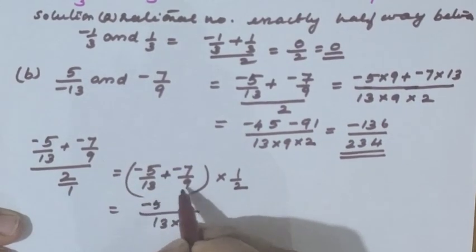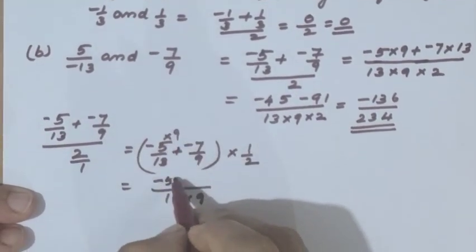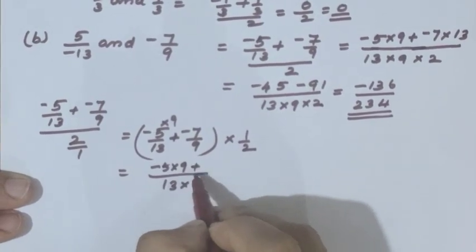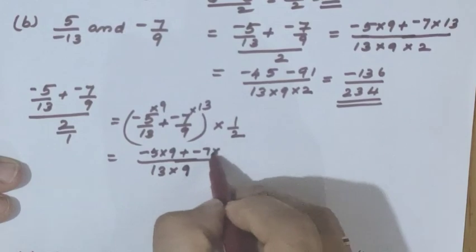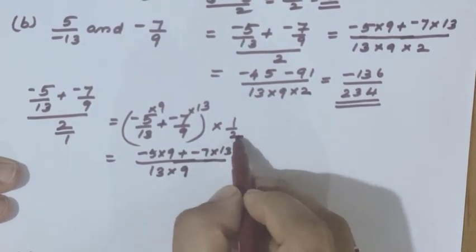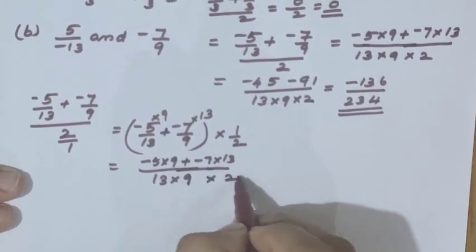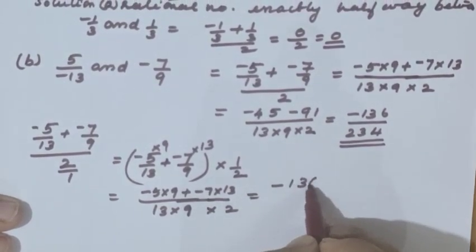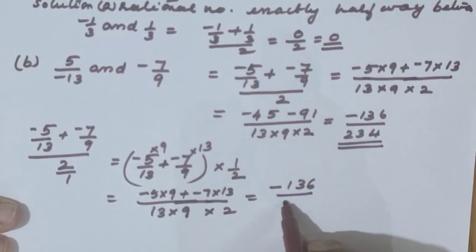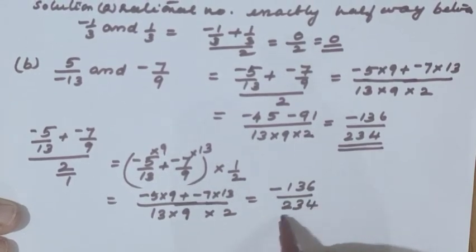Again minus 5 to be multiplied with 9 plus minus 7 to be multiplied with 13. So into 13 will come, and here into 2, so numerator into numerator by denominator into denominator we will get. So after simplification it is minus 136 divided by 234.